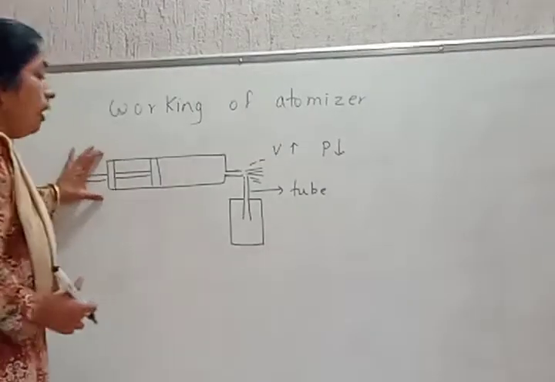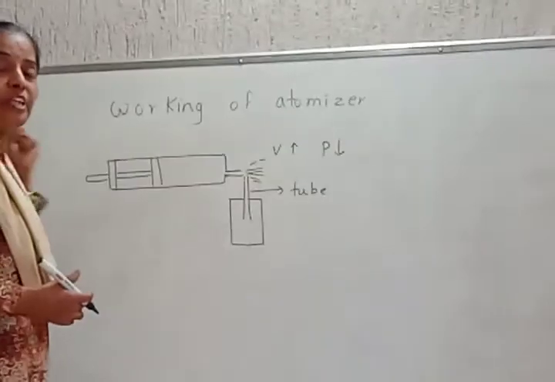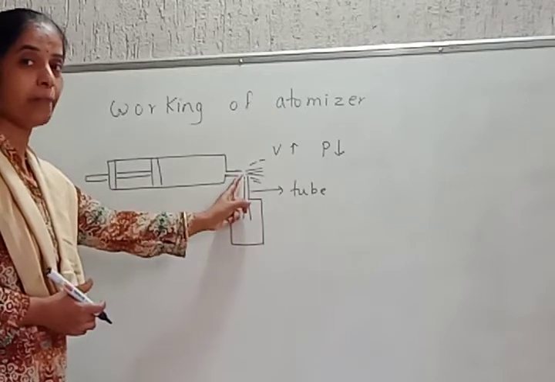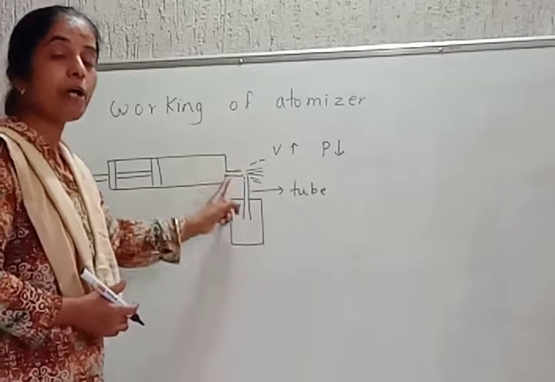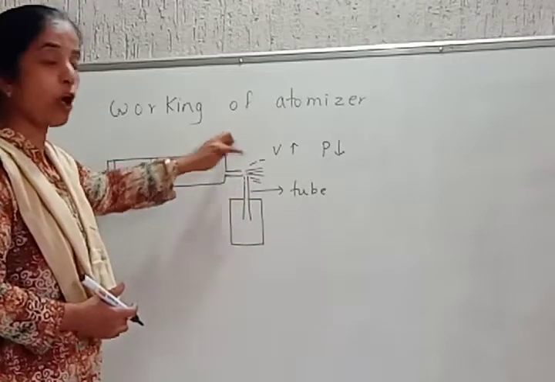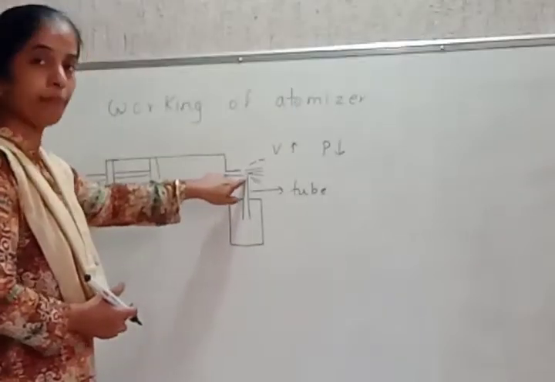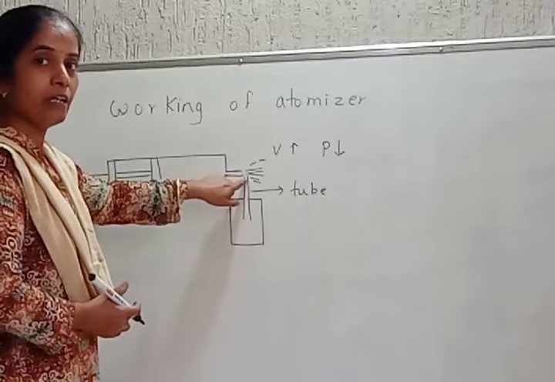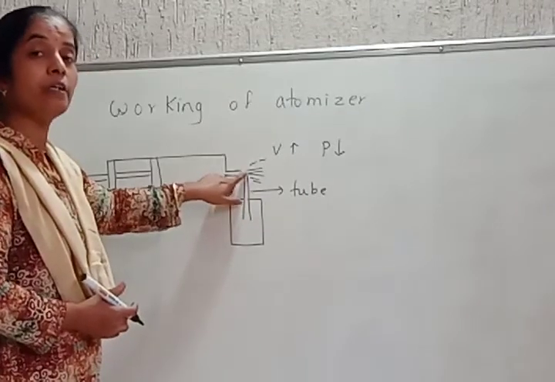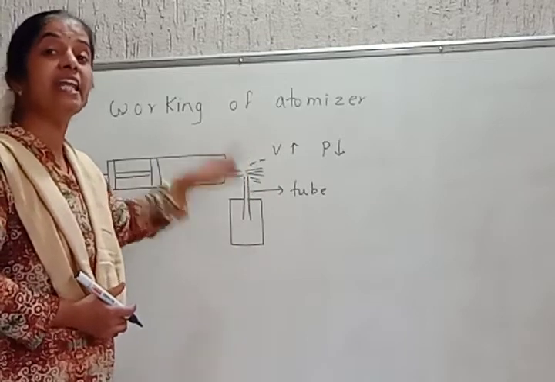So with the help of piston, air is blown through the cylinder. Air comes out with a very high speed. Air molecules come out with a very high speed, creating a low pressure at the top of this tube, which is dipped in liquid. At the upper top of the tube, the air pressure is less.